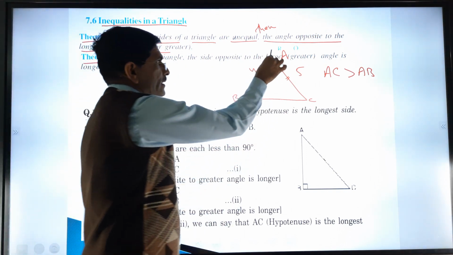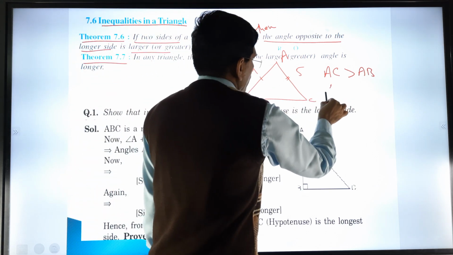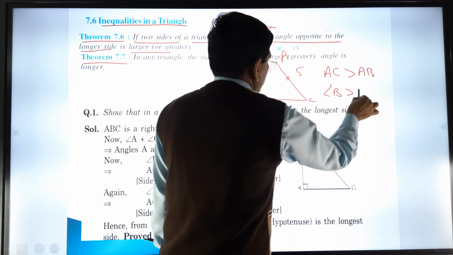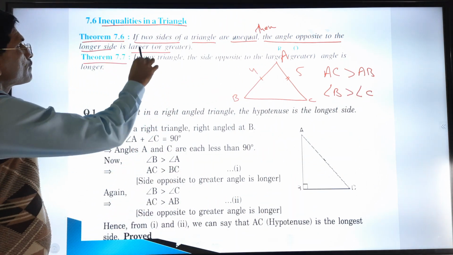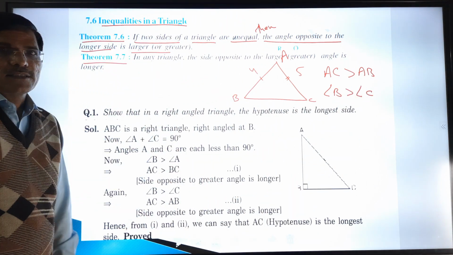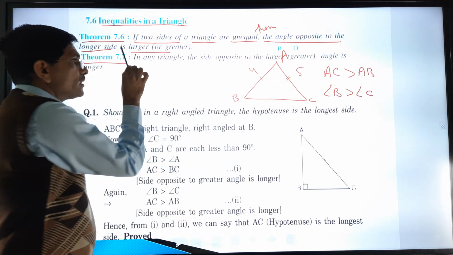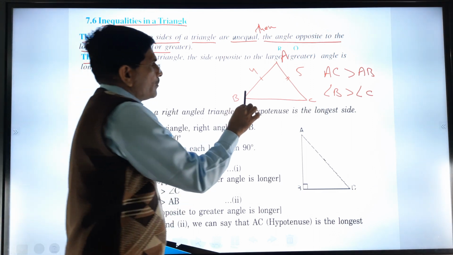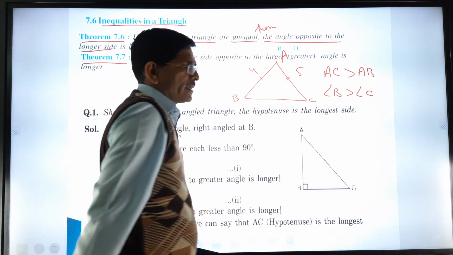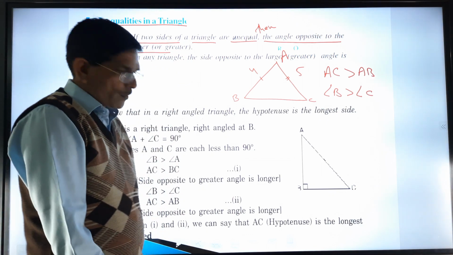Which is the longer side here? That is AC. The angle opposite AC is B. So angle B is greater than angle C. Again, the angle opposite to the longer side is larger. I hope you have understood it properly.